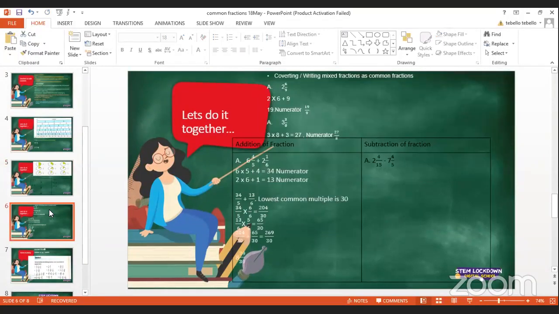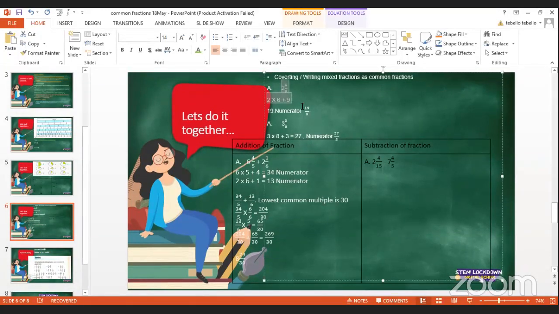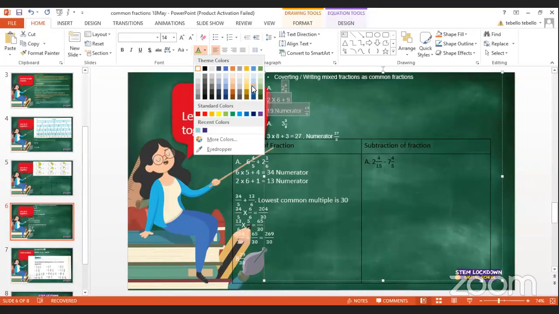Let's go to the next one. Here we will convert or write mixed fractions as common fractions. You see right here, we have a 2. Let's make it bigger, or just give it some color.